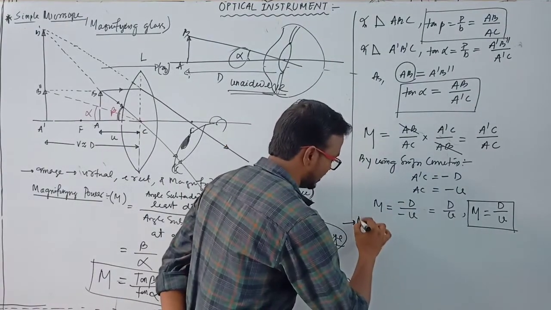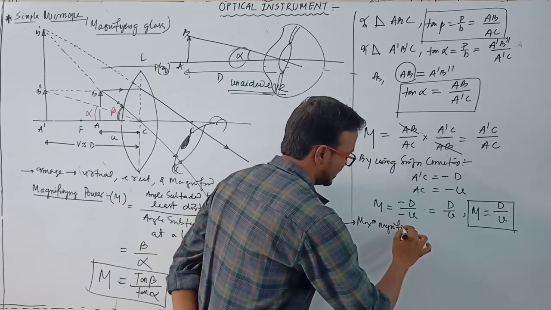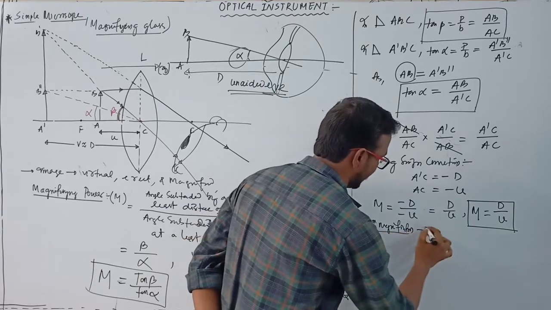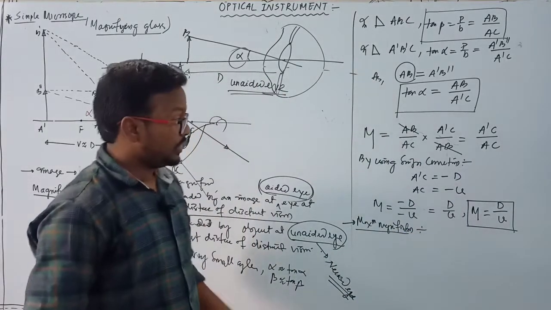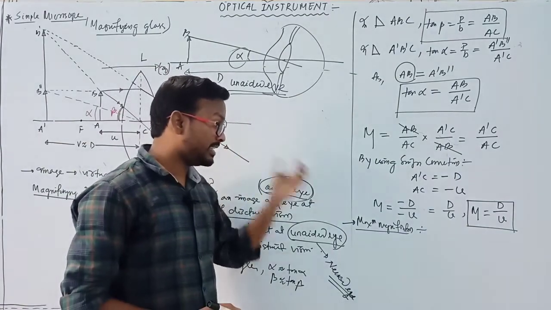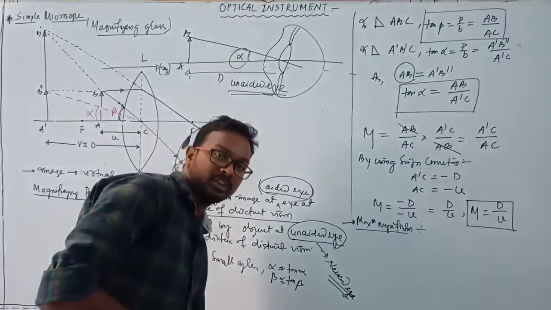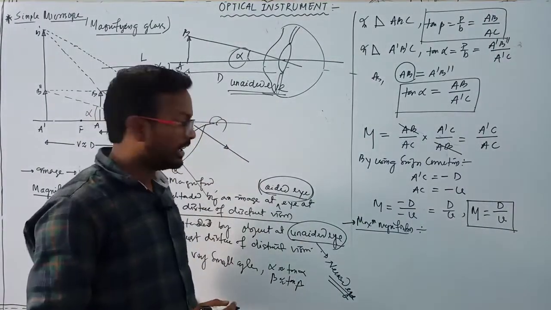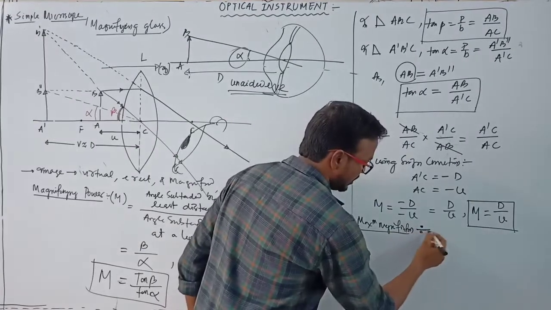Suppose this is the maximum magnification. For maximum magnification we get the maximum visibility of an object, that is, the image is clearly visible, and we have to find the object's distance from the eye lens.